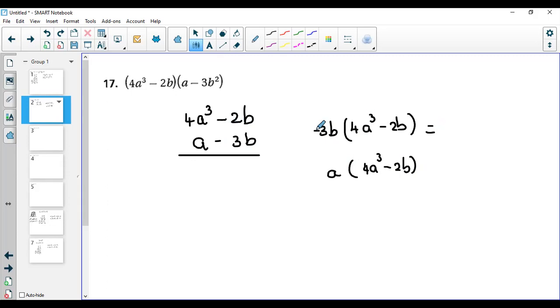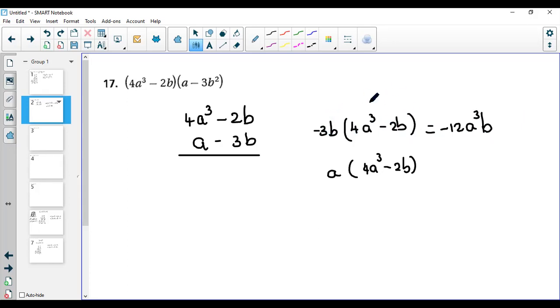So when you're multiplying two terms, you have to multiply the numbers first, the bases first. So that will give me a negative 12. 4 multiplied by negative 3 will give me a negative 12. Now there is nothing to do with b here. So b remains the same, and there is nothing to multiply with a also. So a remains the same as well. So a to the power of 3 and b. That's it. Now minus, so here it's minus, which means you're going to multiply again, right?